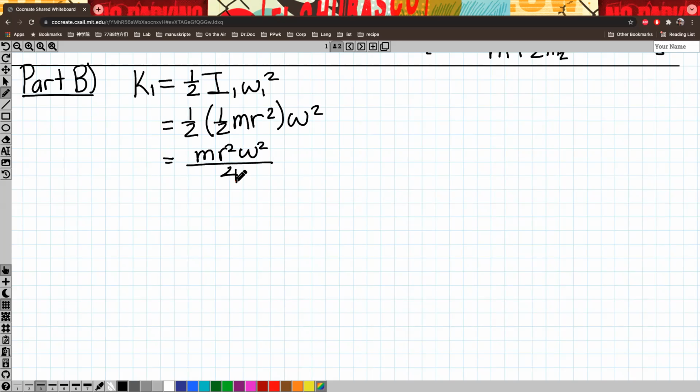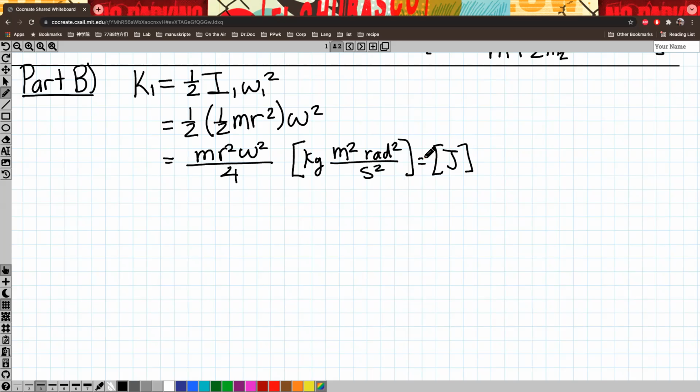And then how about the units? It said express your answer with the appropriate units. Okay, so what we have here is we have mass, kilograms, R is meters, meters squared, and then omega is radians per second, and that's squared.